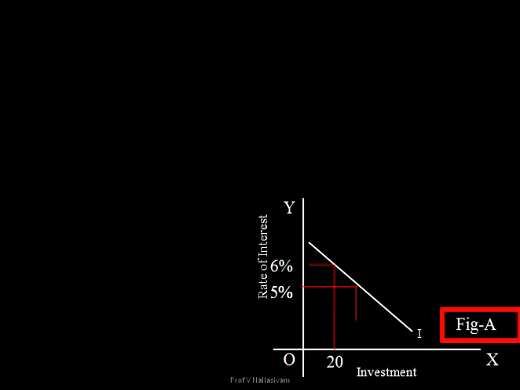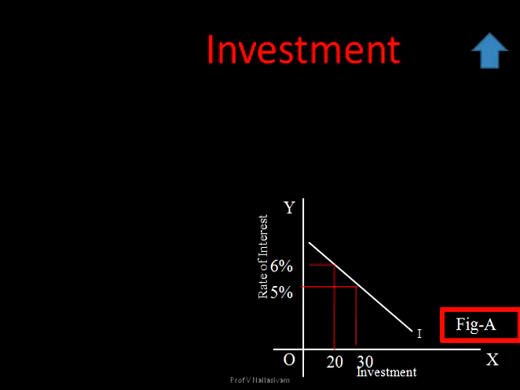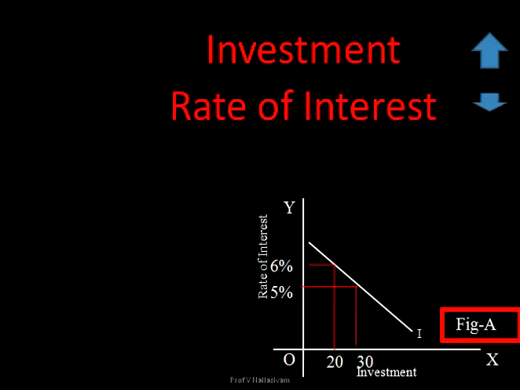At 5% interest rate, they invest 30 rupees. As interest rate falls from 6% to 5%, investment increases from 20 rupees to 30 rupees. Investment is inversely related to the rate of interest.